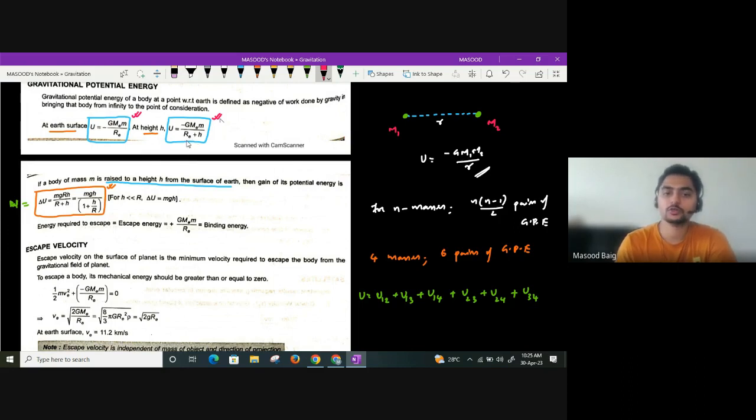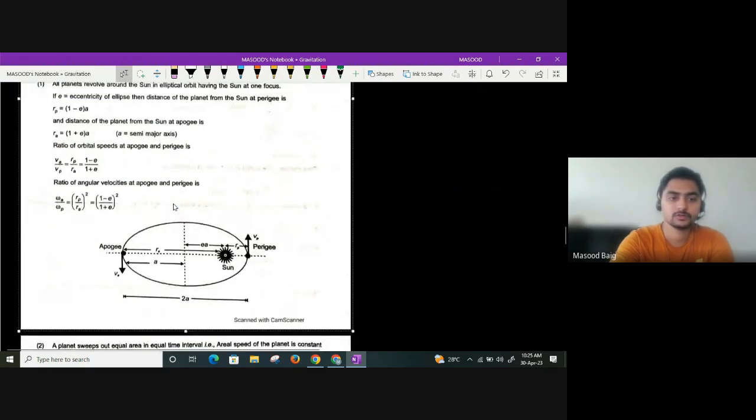So if you want to move the object from the surface to a certain height, you should do work against gravity, guys. The work done against gravity will be the change in potential energy, which is mgh divided by (1 plus h by r). If that h is very much less than r, guys, then I'll get the change in potential energy as mgh. Clear, all of you? Yes or no?